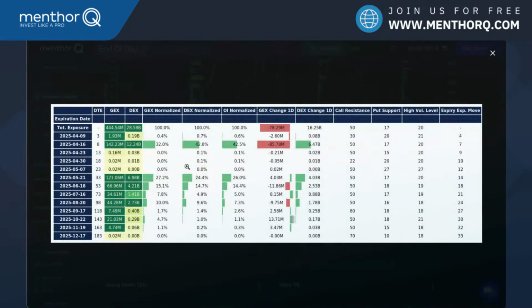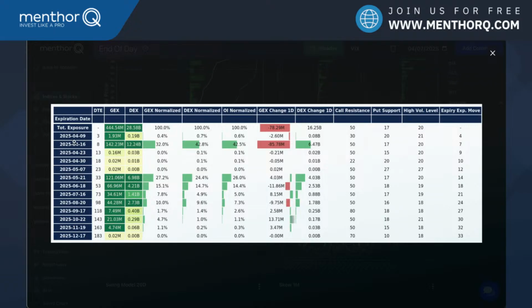If we look at the option matrix, there's going to be some very interesting data. Last week on Friday, we had about 4% of gamma expiring on the 16th, which is the VIX expiration. From the repositioning this morning, we now have about 32%, which is still a very high number.